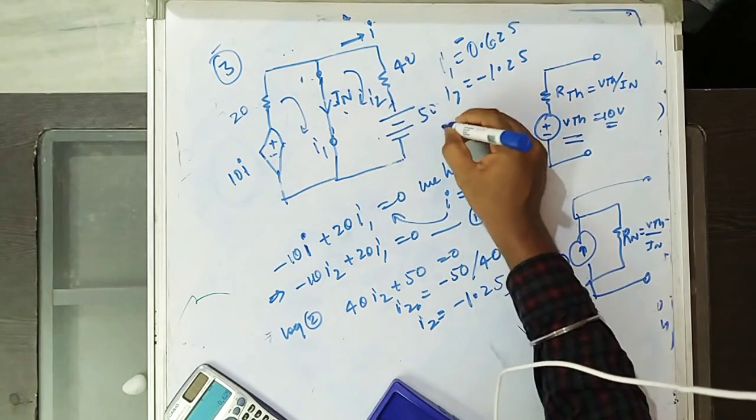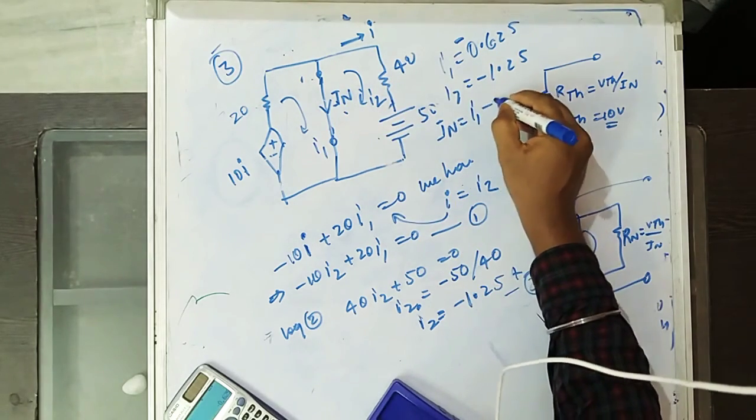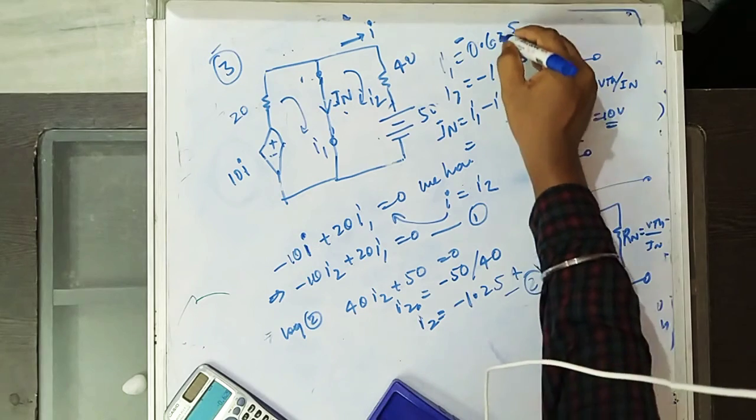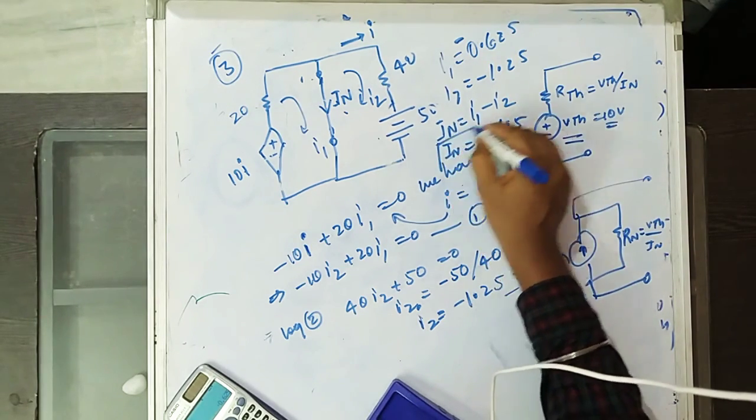So what is IN? IN here is I1 minus I2. Solving, you will get I1 minus I2 is 0.625. So the IN current is 0.625 amps.